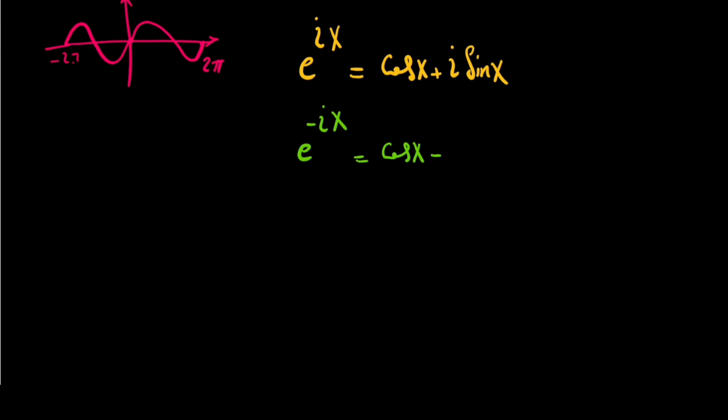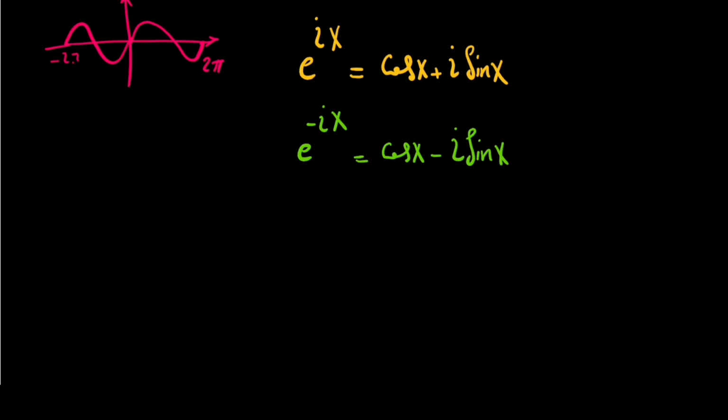According to Euler's formula, you know that e to the power of ix equals cosine x plus i times sine x. And if you put minus x in this equation, you can write e to the power of minus ix equals cosine minus x plus i sine minus x, that's equal to cosine x minus i sine x.